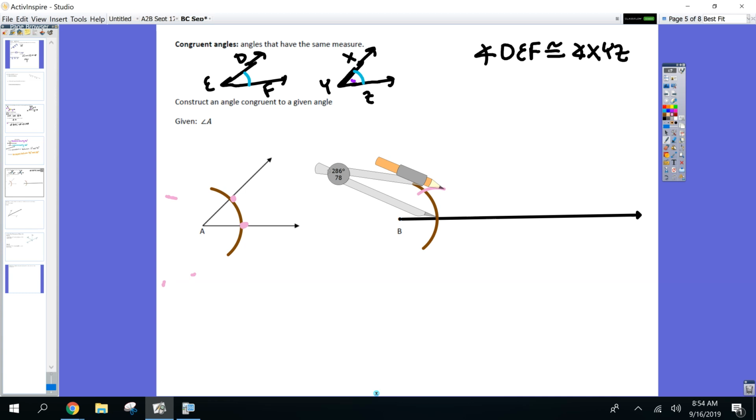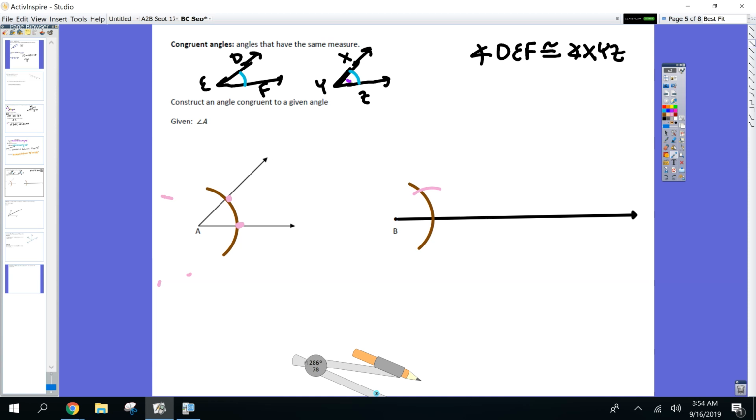So again, measure the distance from the points of intersection. Come on over, make sure you put it where the arc intersected your ray and swing an arc so the two will intersect. And then yes, you can grab your straight edge now and finish the angle off by drawing in your ray.